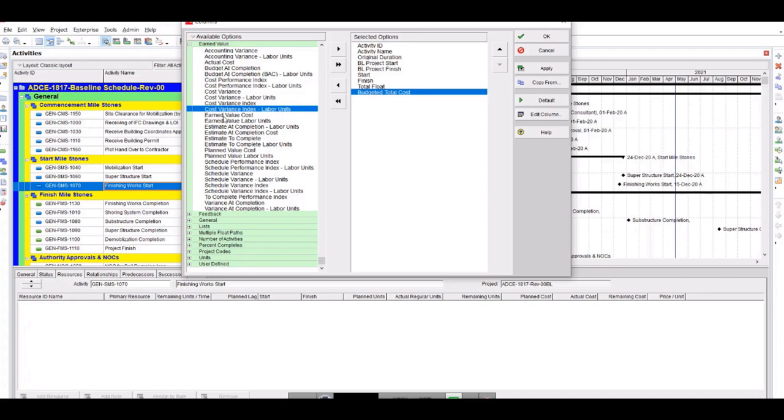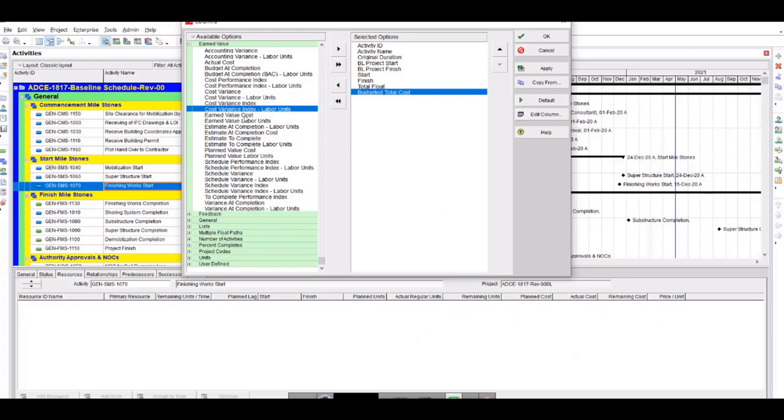Cost means any resource or expense which has a price per unit, so it will come in the form of cost. We know there are 3 types of resources in P6: labor, material, and non-labor. If I have assigned 3 types of resources to one activity, and then I put a price per unit on all 3 of them, all 3 will convert their budgeted units into cost by multiplying with the price per unit, and this cost for all the resources will come up into earned value cost.